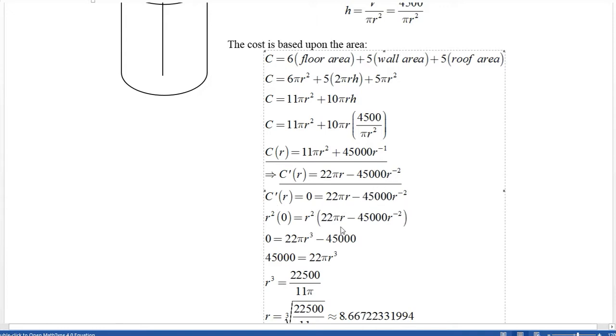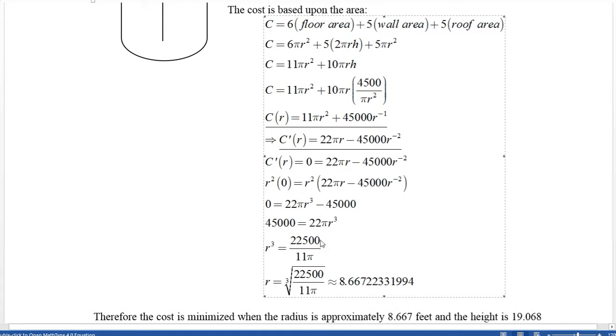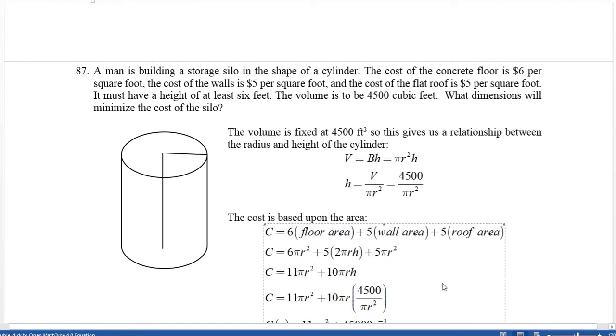Set that equal to 0, and again I'm going to multiply by r squared to get rid of that r to the negative 2, and I get 0 equals 22 pi r cubed minus 45,000. Add 45,000, divide by 22 pi, cancel the 2 out here, and then take a cube root, and that's r to the 1/3 power, which is approximately 8.667, and that is in feet for r.